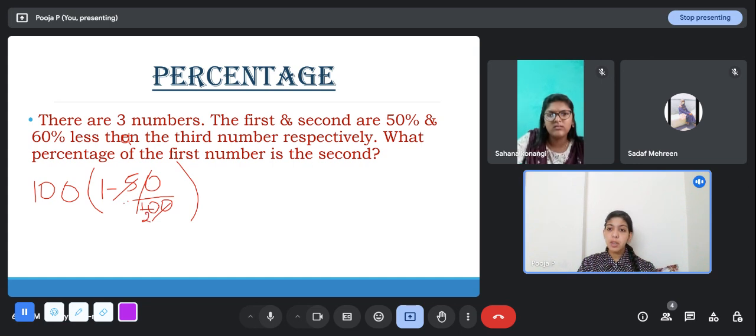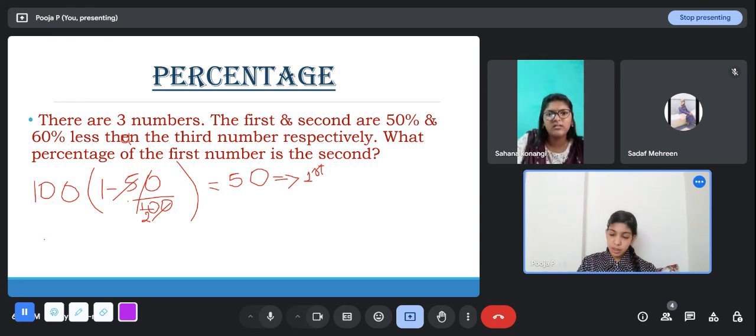So this is 0.5. 1 minus 0.5 is 0.5. 100 into 0.5 is nothing but 50. So if the third number is 100, then the first number is 50, or exactly half of it. That is what is meant by 50%, half of it.